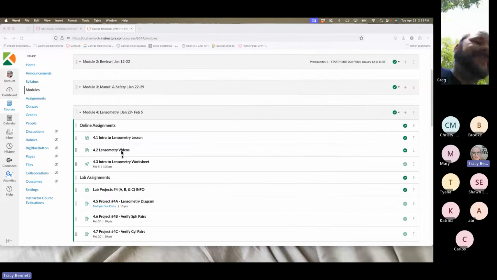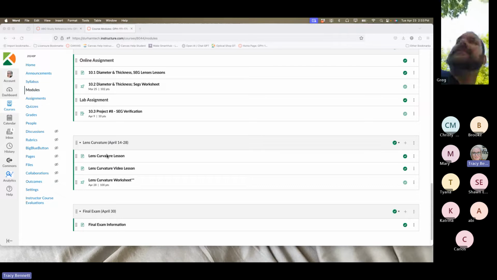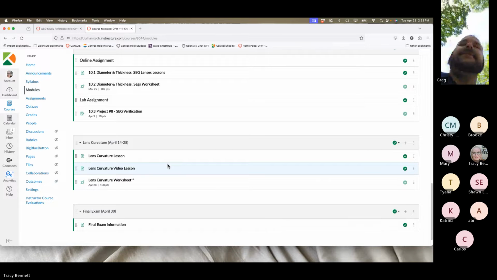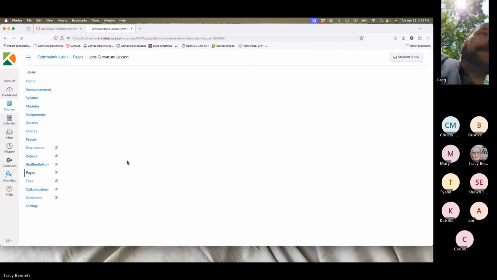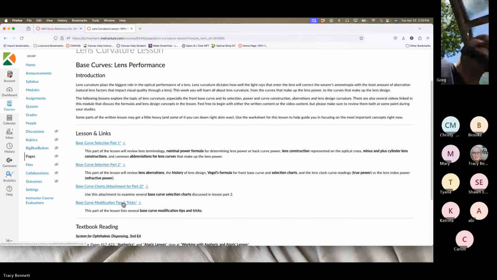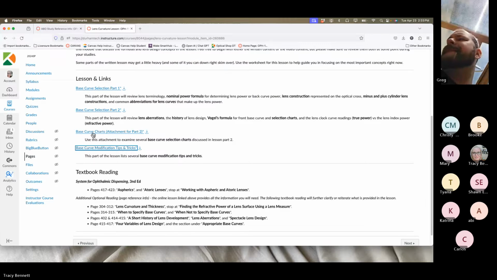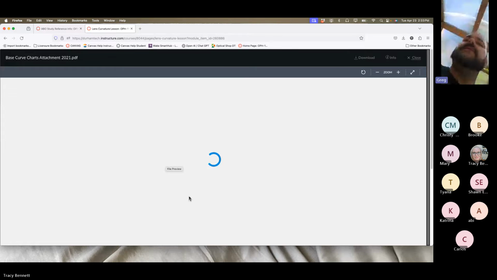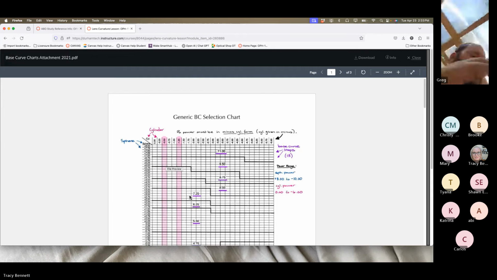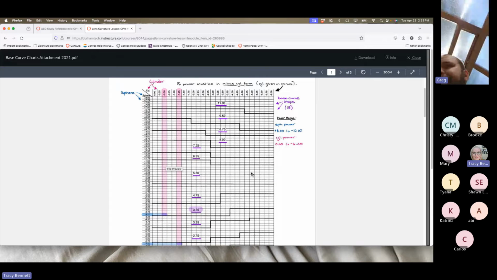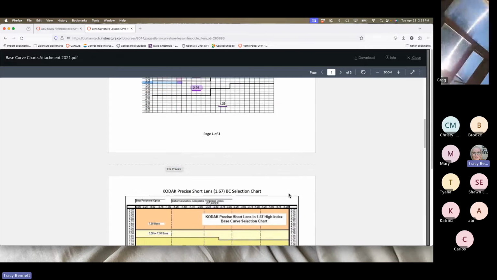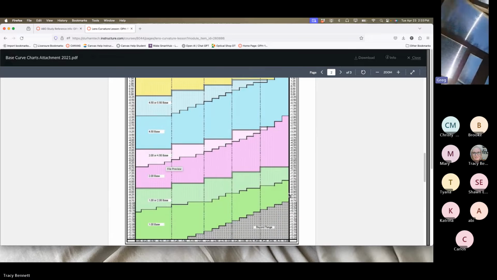All right. Base curves is in here. Nope, not that one. Yeah, to read base curve charts, let's use this one.